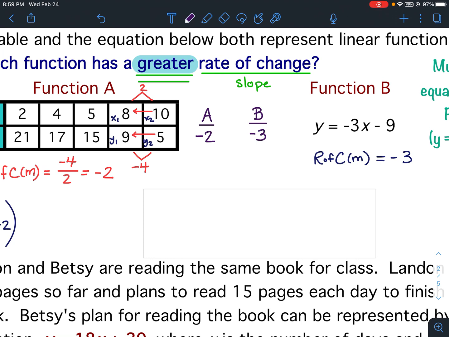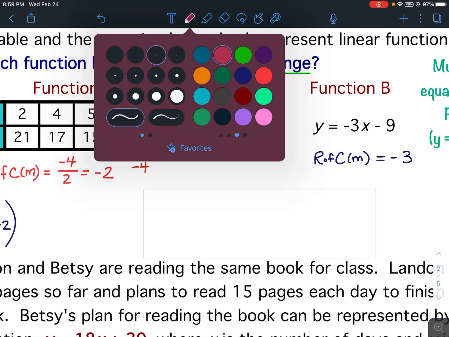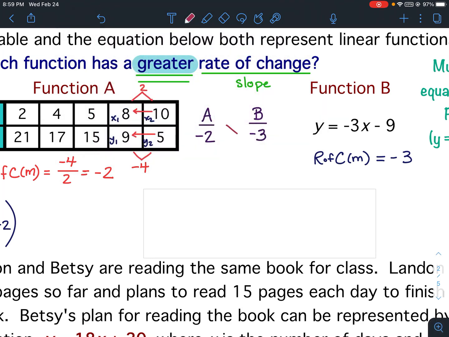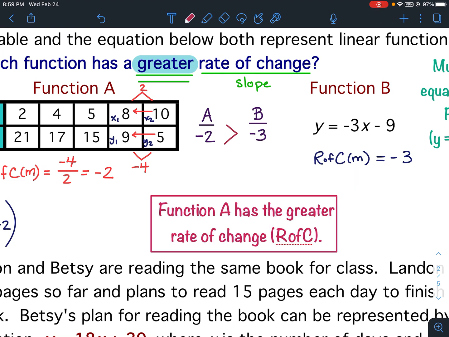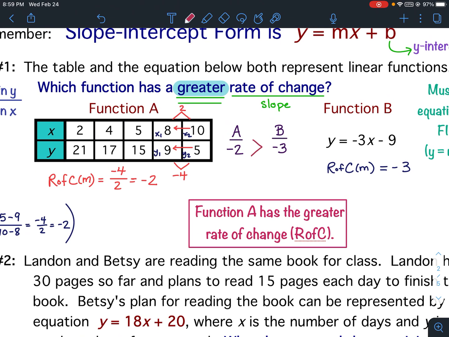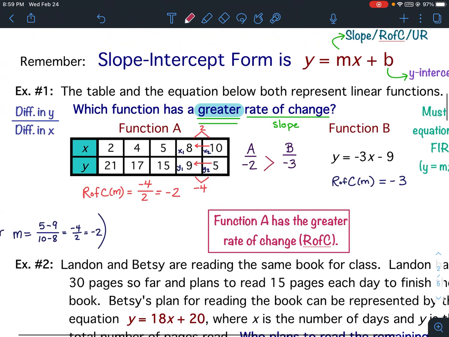Which number is greater? Well, when you are talking about negative numbers, it's kind of backwards. Remember, when you're talking about negative numbers, it's the number that is closest to 0. So in this case, the -2 would be greater, and my final answer would be function A has the greater rate of change.